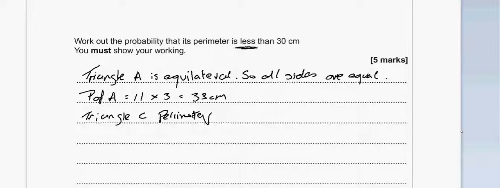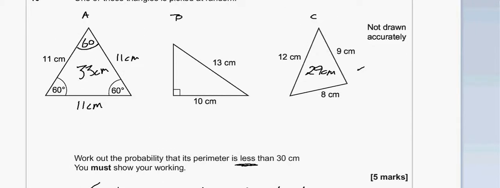The perimeter here is 9 plus 8 plus 12, which gives us 29 centimeters.